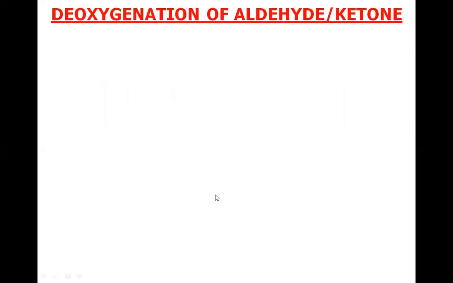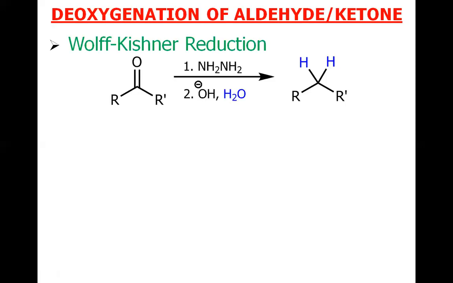And remember, now we have 3 different methods to deoxygenate the aldehyde or ketone. The first method was the Wolff-Kishner reduction, which we already know. When the carbonyl, the aldehyde or ketone, is treated with hydrazine to have the hydrazone as a product, and then under alkaline condition, this hydrazone is hydrolyzed and we have the overall CH2 group in place of the carbonyl group.